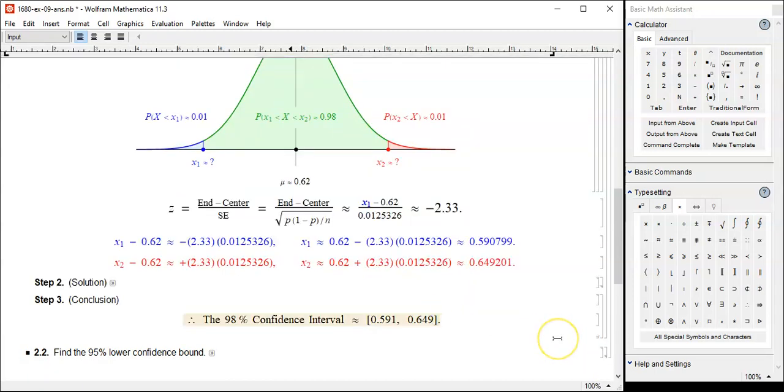And yeah, that's what we got. So this is the lower bound, and this is the upper bound.